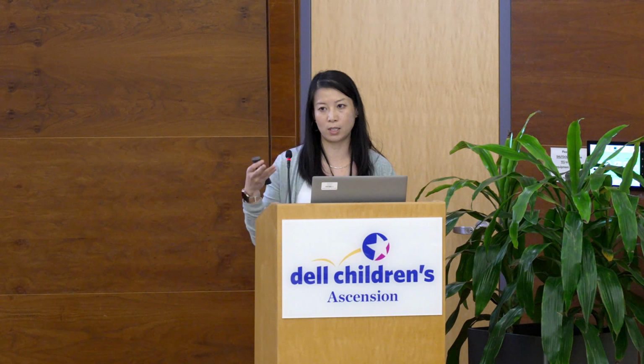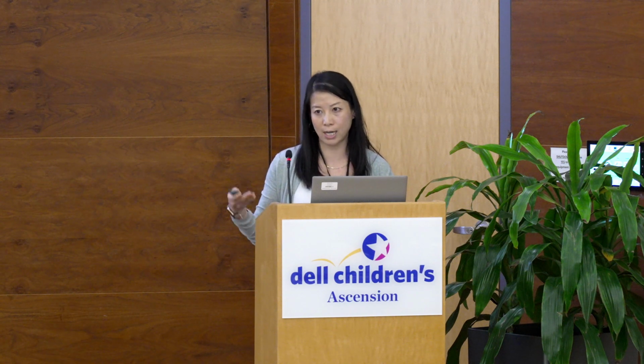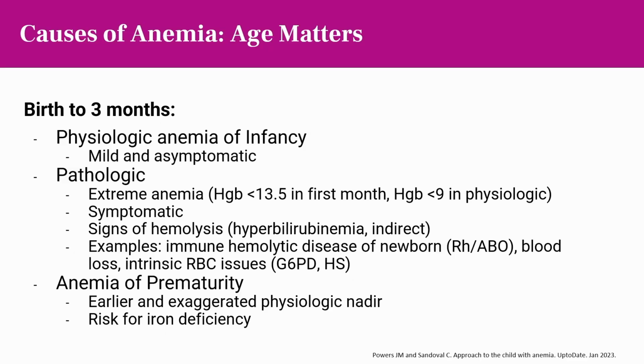It's due to the increase in tissue oxygenation at that age and the resultant decrease in erythropoietin production that we see. In a term baby, this anemia is always mild and asymptomatic with a nadir anywhere between 9.5 to 11 grams per deciliter.